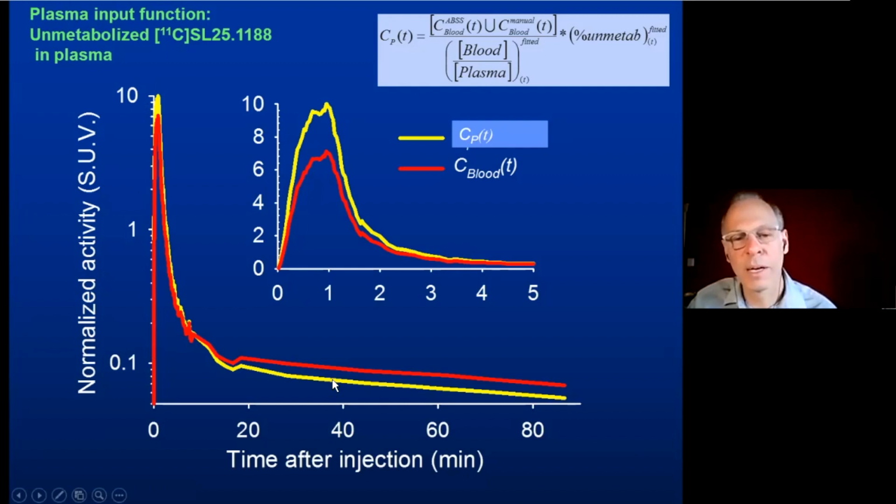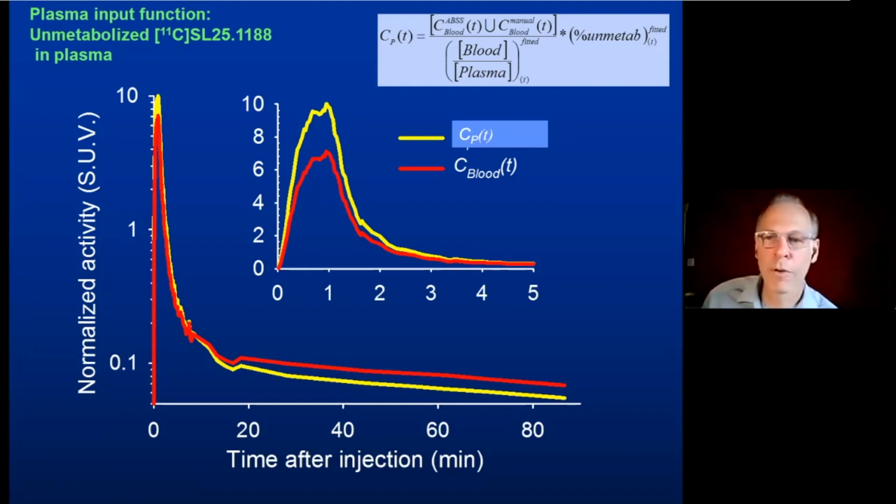Usually, at some point along the scan, both curves will be linear in a logarithmic scale, meaning that the clearance of the radioligand from plasma and from blood follows first-order kinetics. Remember these curves, because they will be key for the modeling of the radioligand, in order to get an index of a protein of interest using a kinetic model.